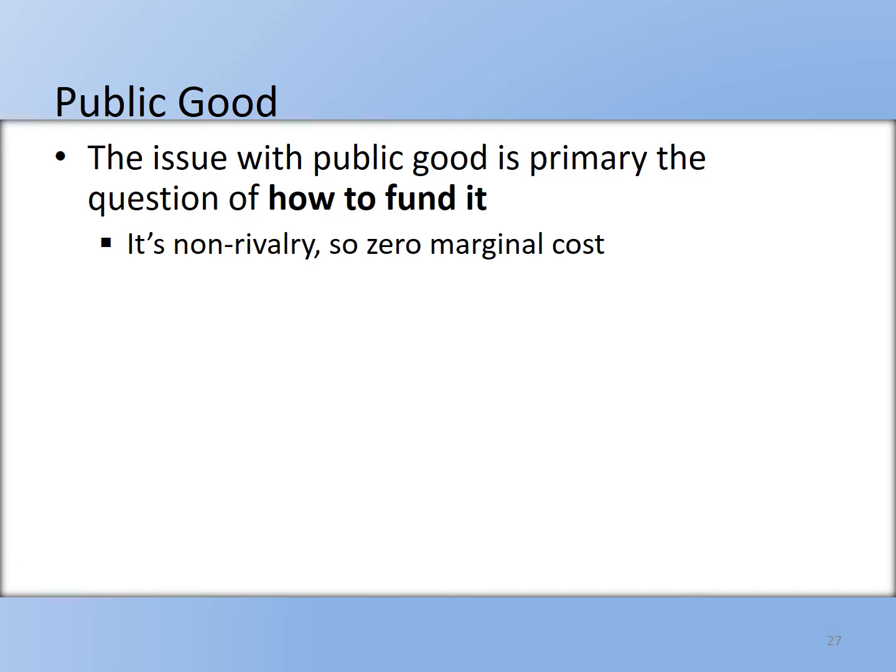In a competitive market, price equals marginal cost. In monopoly, you set marginal revenue equal to marginal cost, giving you quantity, and then you substitute into the demand curve to get the price. In this case, there's no marginal cost. In a competitive market, that would mean the price should be zero.